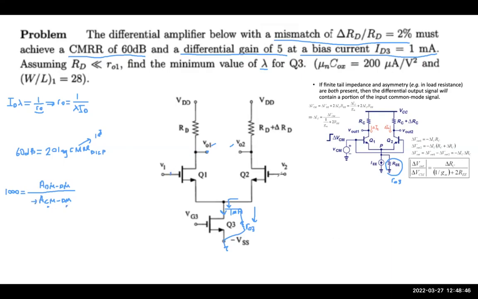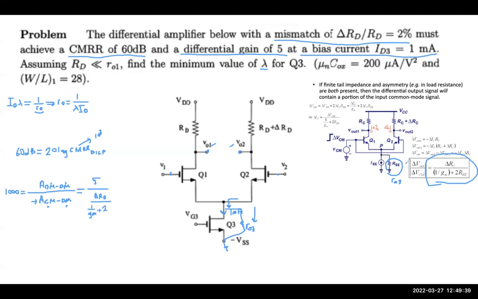If we apply the same inputs, the output will be the same if there was no mismatch. But there is a mismatch, so it's not 0. Differential gain is 5: differential applied, differential taken. And the common-mode gain is very similar to this one. It's delta RD divided by 1 over GM plus 2 REE.